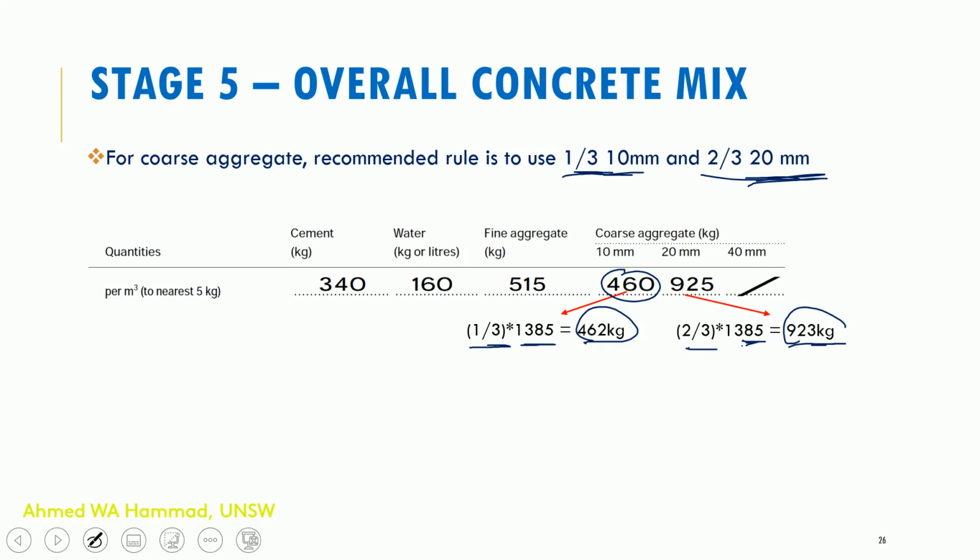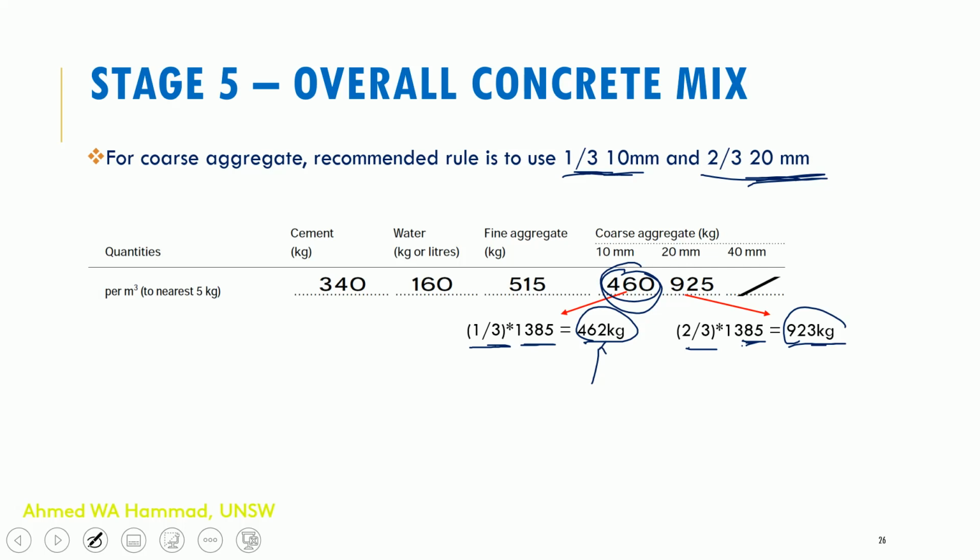It doesn't impact our mix, and that's why it's easier to deal with numbers like that. It's easier to specify that we need 460 kilograms of 10 mil coarse aggregate rather than having to get it specifically at 462. That's why we do the rounding up and down.